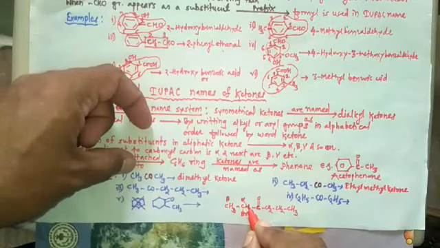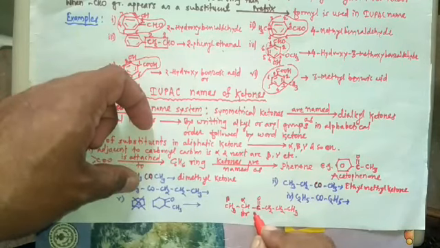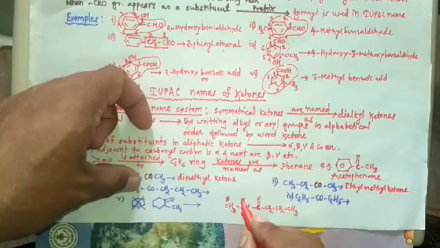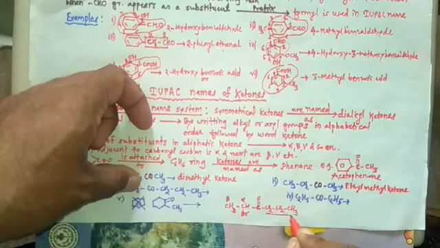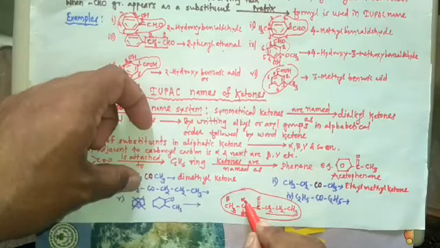On the alpha carbon atom bromine is present, that's why the name of this compound is alpha bromoethyl, and this alkyl group is n-propyl group. That's why the overall name of this compound is alpha bromoethyl n-propyl ketone.